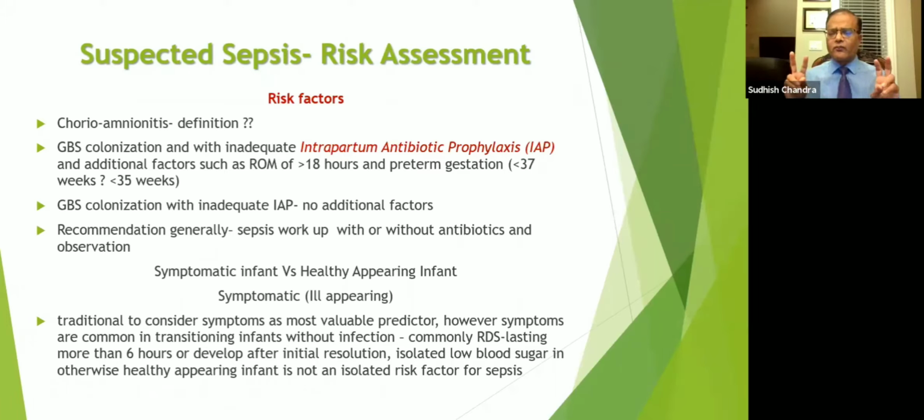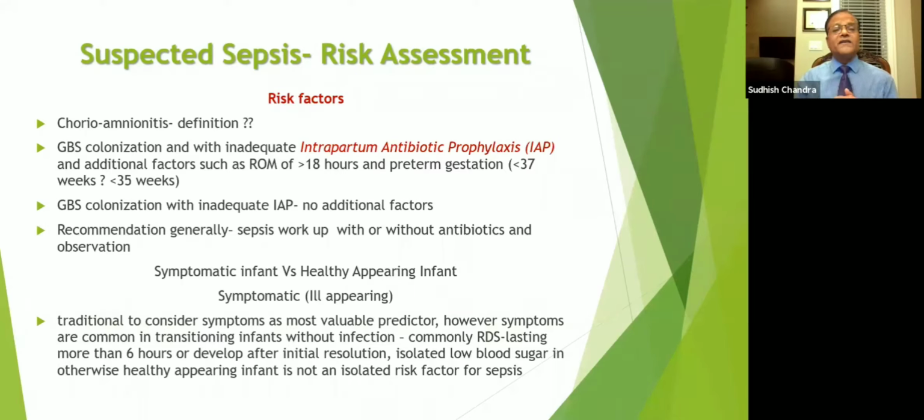But for practical purposes, any temperature higher than 38 or 100.4 in the mother is enough to make a diagnosis of chorioamnionitis. And these babies, after laboratory evaluation, need antibiotics for at least 48 hours till we make sure infection is not there, because it increases the chance of infection tremendously.